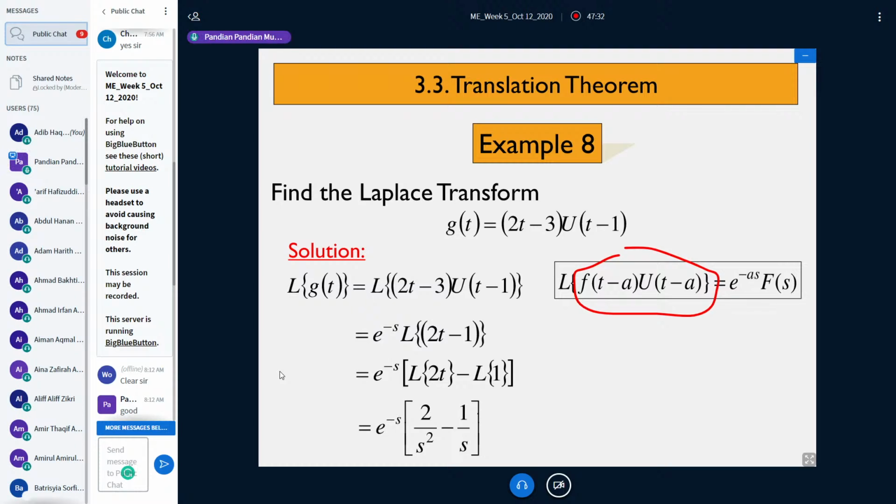That is the idea of transformation. So the t minus 1, later, the t minus 1 becomes t.